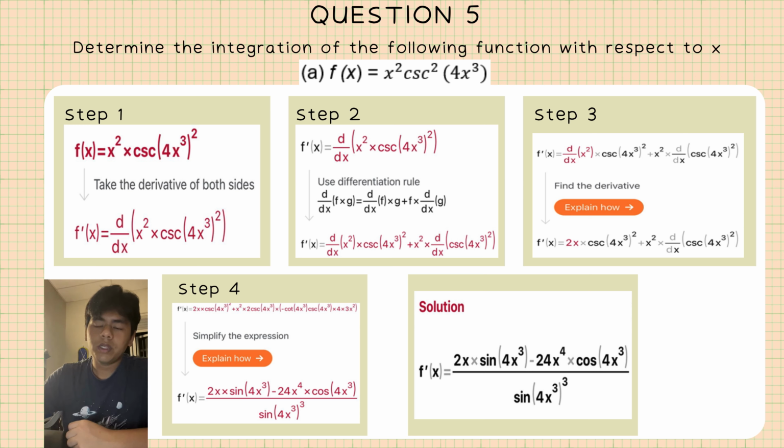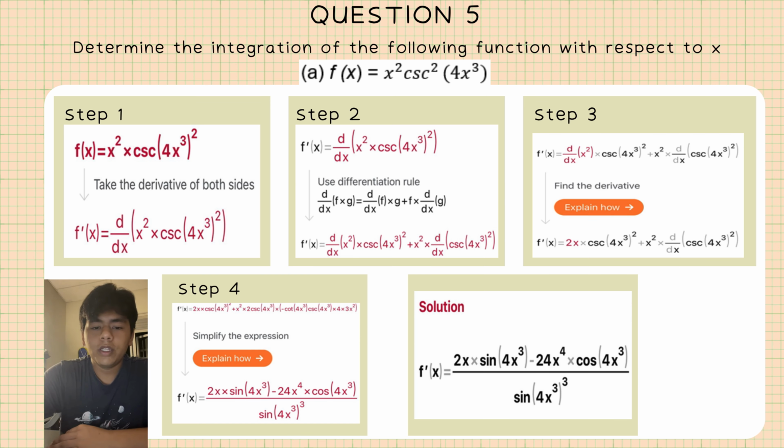For step 4, simplify the expression. F prime x equals 2x times sin 4x power of 3 minus 24x power of 4 times cos 4x power of 3 over sin 4x power of 3 and power of 3 again. And for the solution, f prime x equals 2x times sin 4x power of 3 minus 24x power of 4 times cos 4x power of 3 over sin 4x power of 3 and power of 3 again.